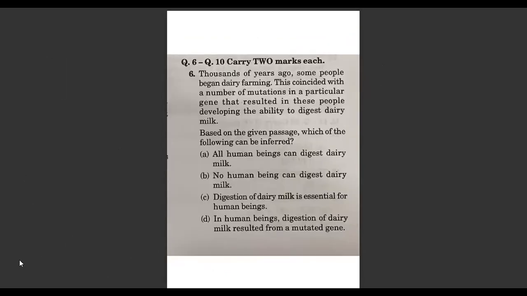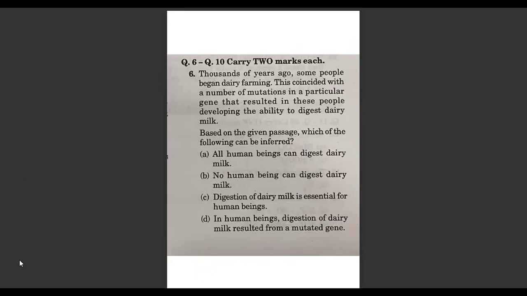Question number 6. Thousands of years ago, some people began dairy farming. This coincided with a number of mutations in a particular gene that resulted in these people developing the ability to digest dairy milk. Based on the passage, which of the following can be inferred? This carries 2 marks. The passage mentions that this coincided with mutations in a particular gene that led to the ability to digest dairy milk.